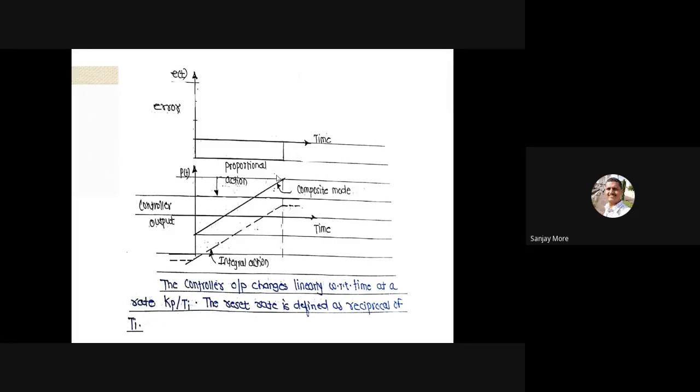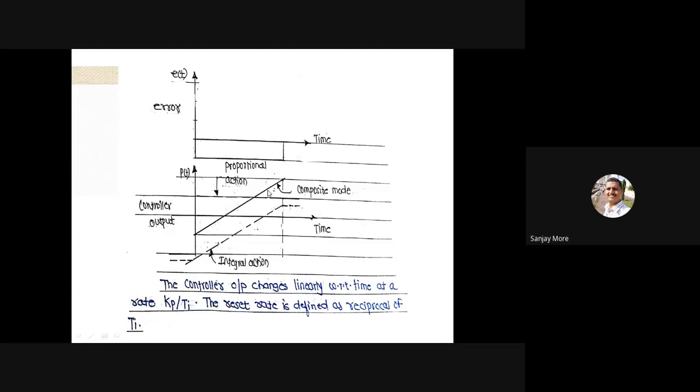Then draw these two graphs, error versus time and control output versus time. Here control output versus time and here error versus time.